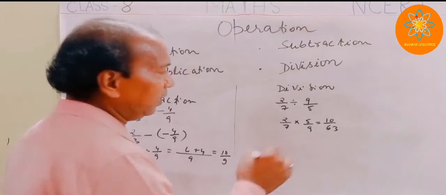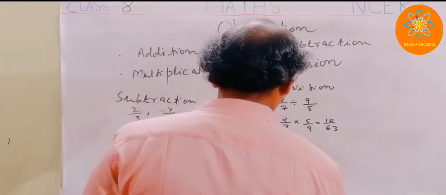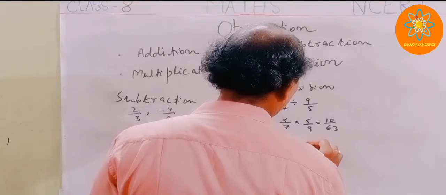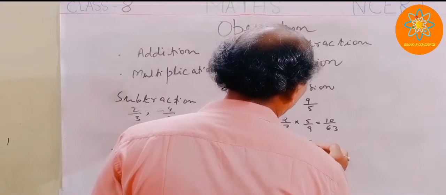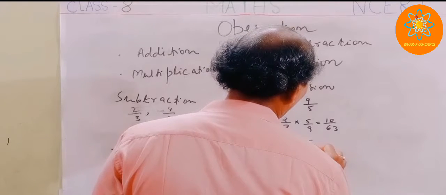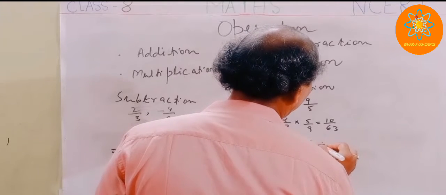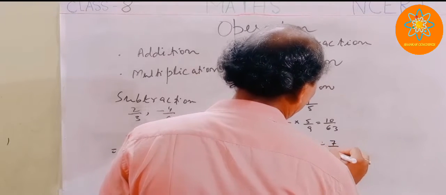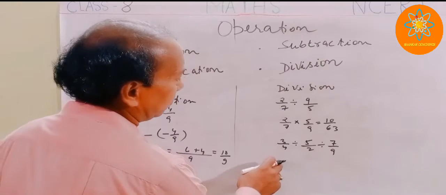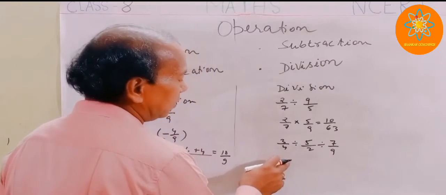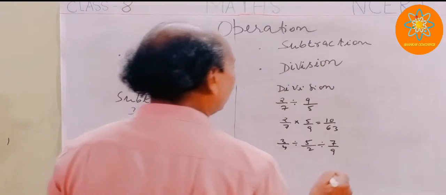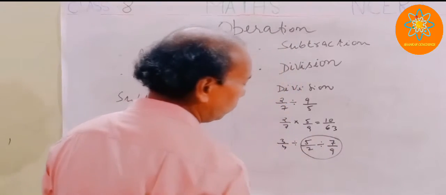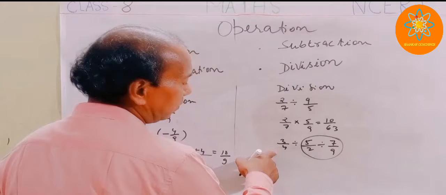Let's suppose three numbers are given, like 3 by 4 divided by 5 by 2 divided by 7 by 9. How will I do it? First of all I solve these two, after that I solve this one.